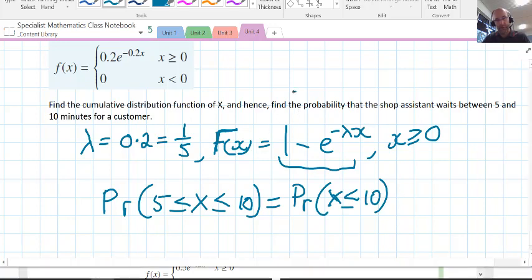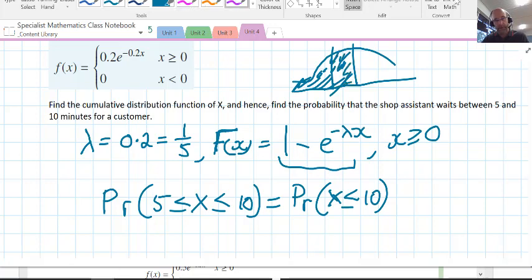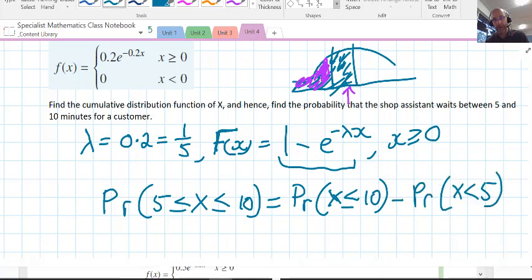If you think about your distributions, between 5 and 10, what we have is everything less than or equal to 10, minus everything that's less than 5, which leaves us with that strip there. Very crude diagram.